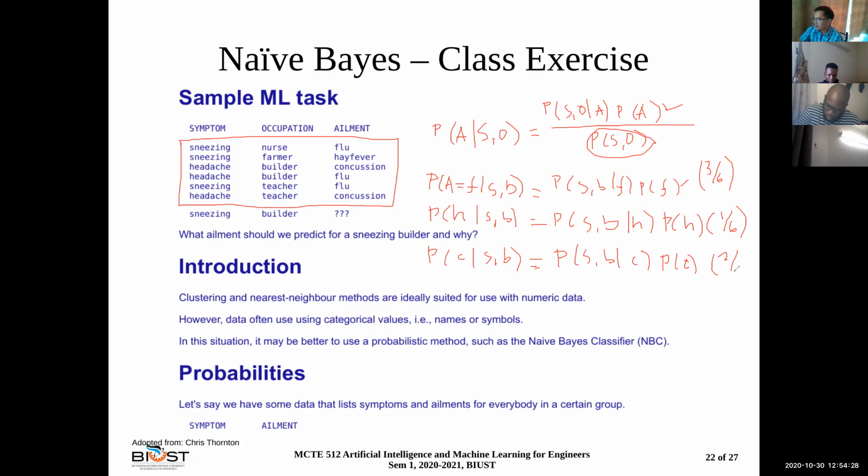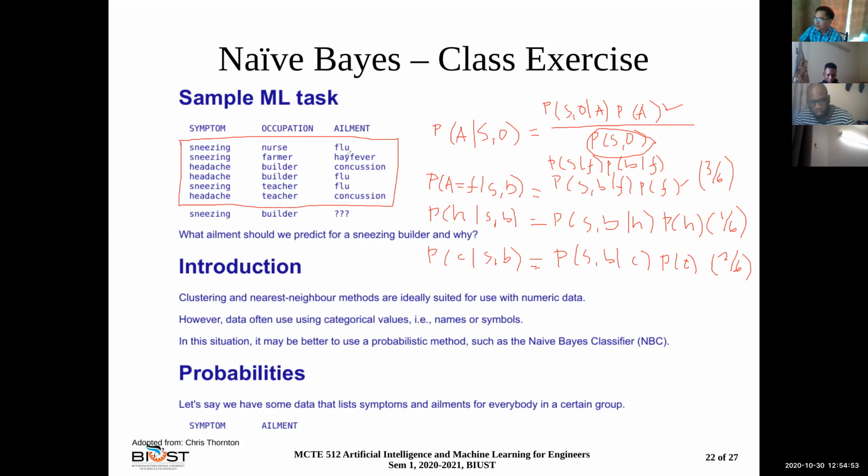Okay, and now this one. Given flu, what is the probability of sneezing? Here we can say the probability of sneezing given flu times the probability of the builder given flu, because we say the attributes are independent. So let's look at flu.